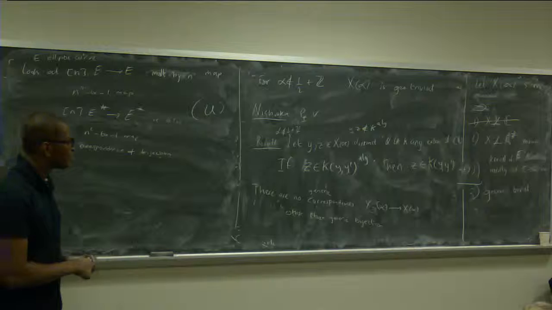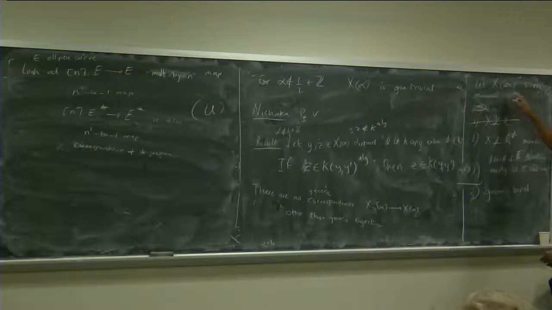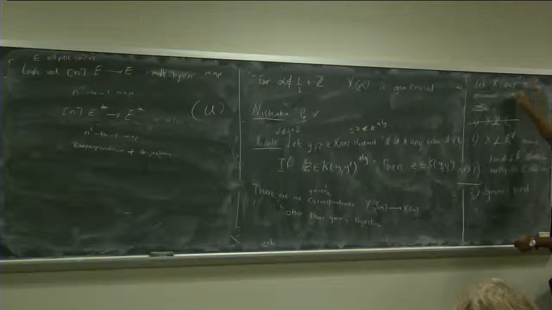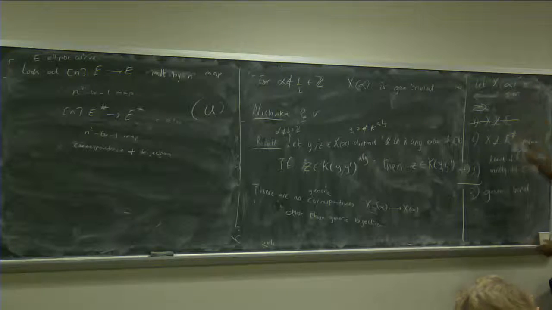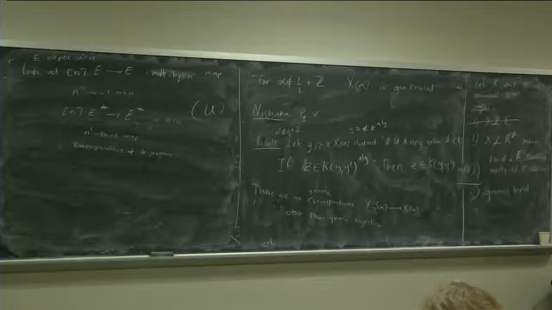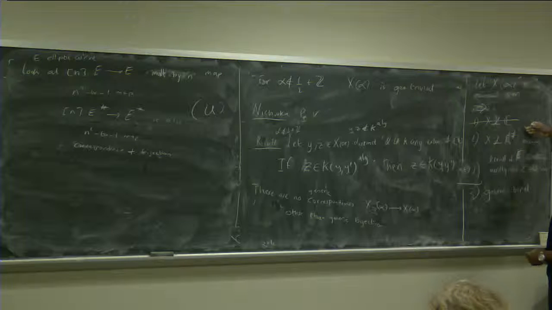Could you go back over that? What are you supposing? Suppose X alpha is strongly minimal. Let alpha be strongly minimal, then one is not true, because it's of order 2.